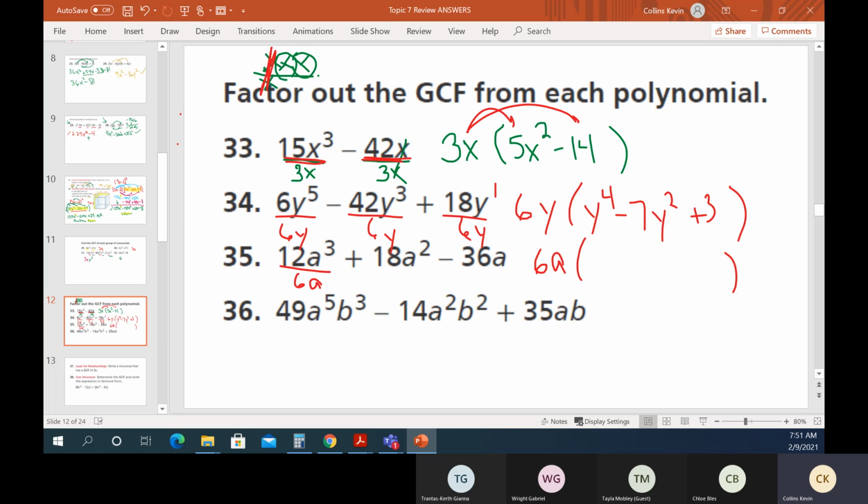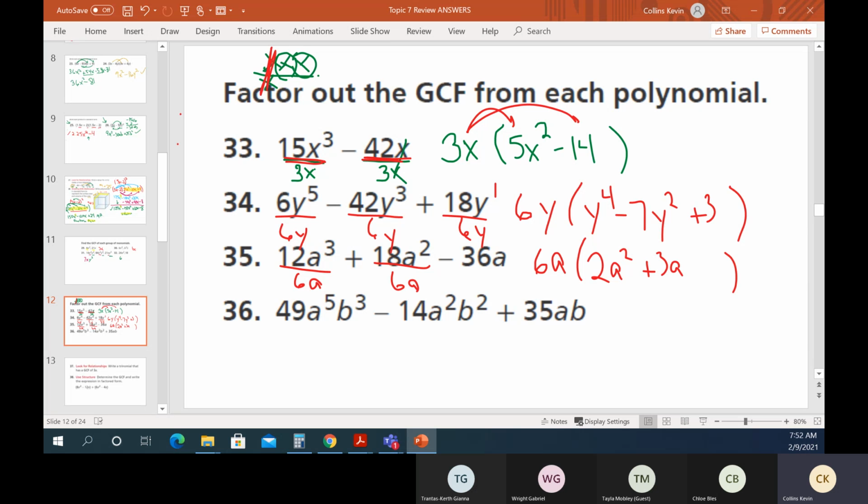So we got 12 divided by 6 is going to be 2. Drop the power by 1. So instead of a to the third, a squared. Right? Do the same thing here. We got 6a. So 18 divided by 6, that's going to be 3. And we're dividing by a, so we're going to drop the power from a to the second to a to the first.